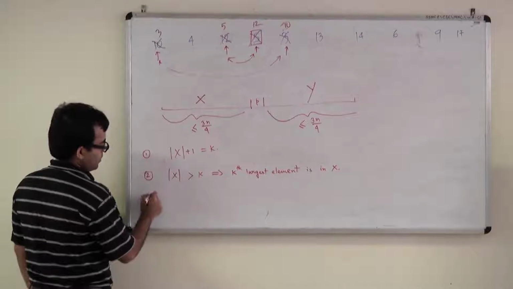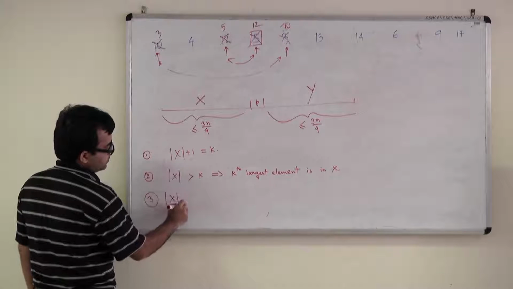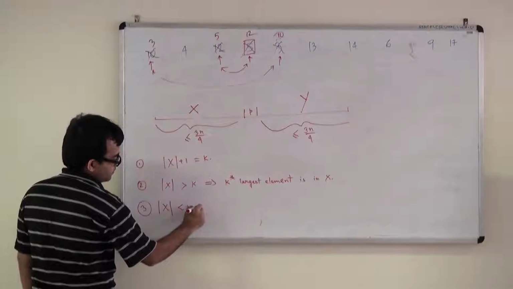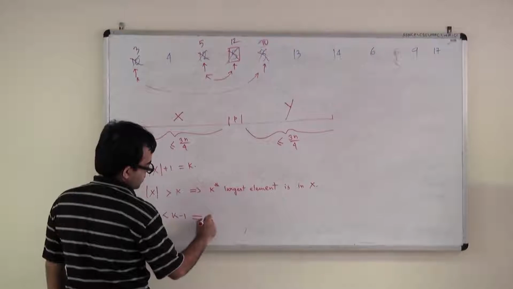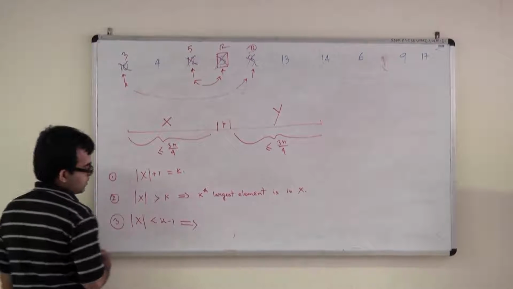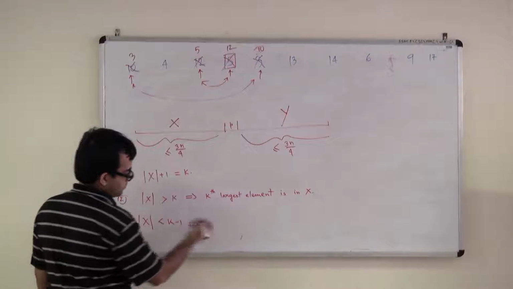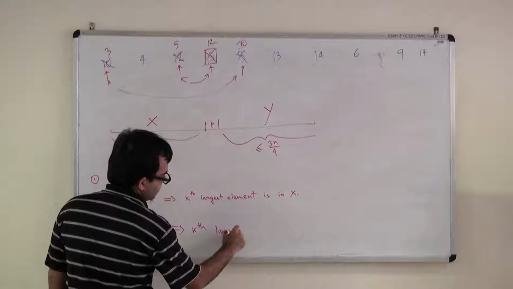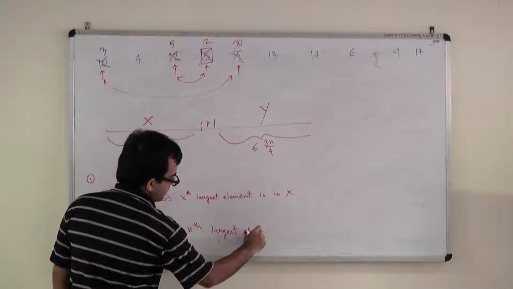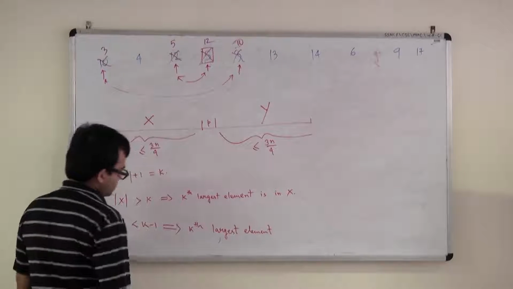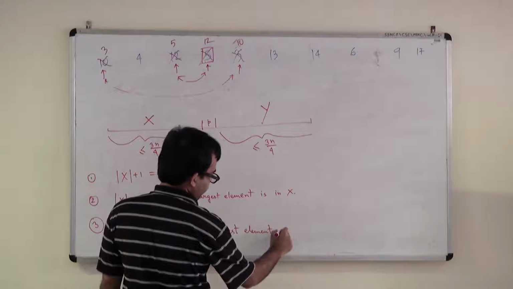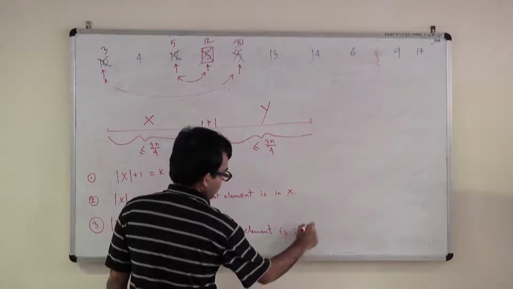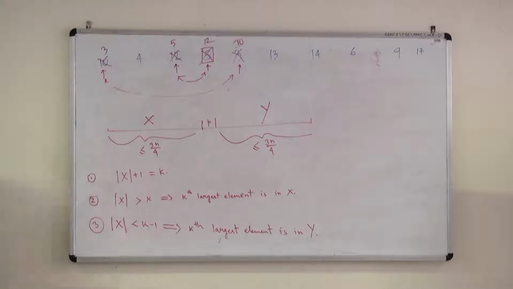And similarly, if mod of x is say less than k minus 1, then you know that the kth largest element is in y, isn't it?